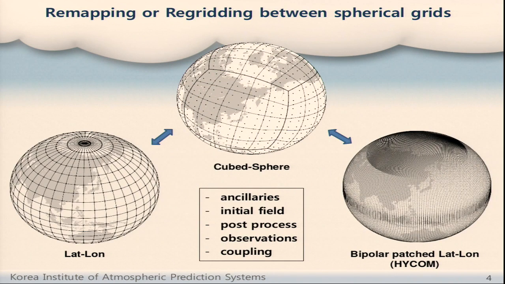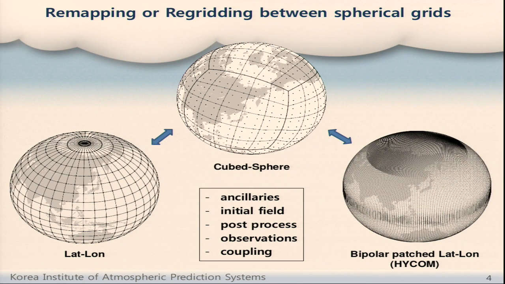Earth system modeling consists of atmosphere, ocean, land, sea ice, and other component models. Each component often uses a different grid system. For example, the most popular are the regular grid, the cube-sphere grid with no singular poles, and the tripolar grid that moves the poles to the continents.